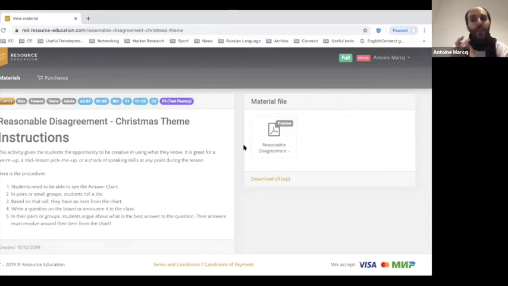So you can organize this as debates, for example. You can put students in groups of 3, and one is the judge. So student A and student B give their reasons to defend their answer, and the judge rules in favor of the best arguments. It depends what you want to focus on.